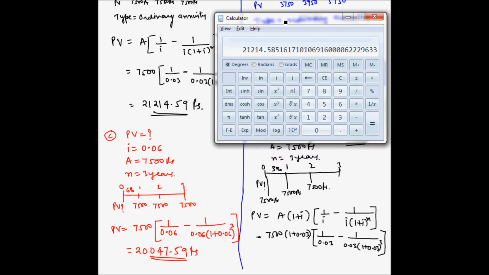This is nothing but the same as part A, and to this we have to multiply 1.03. So the answer is 21851.02 rupees.